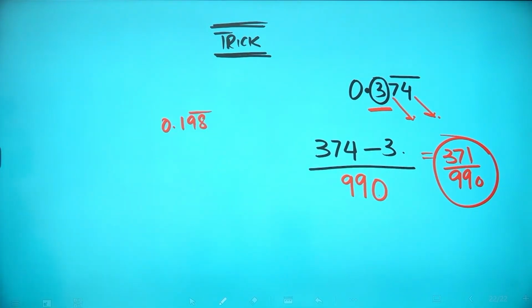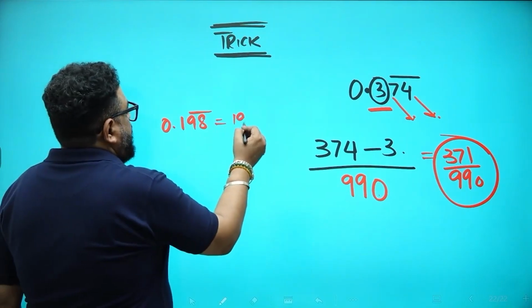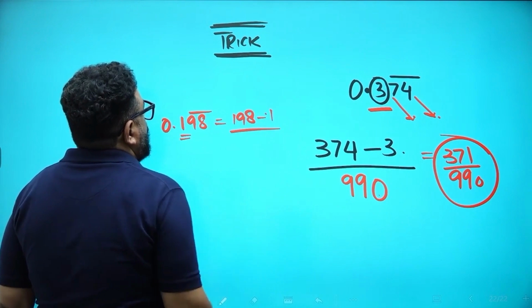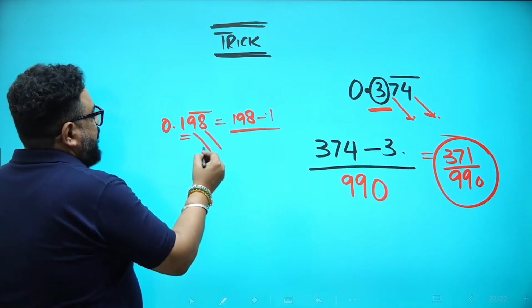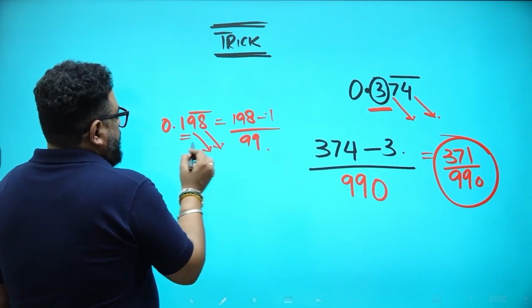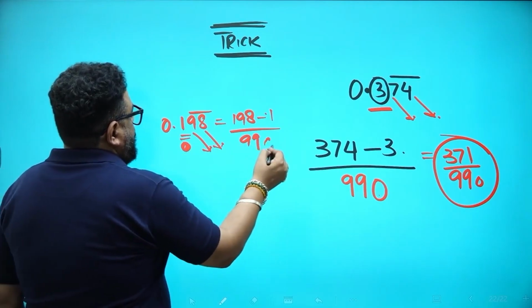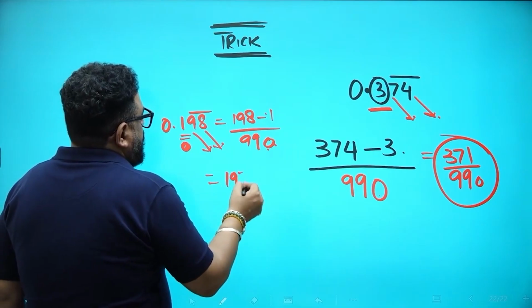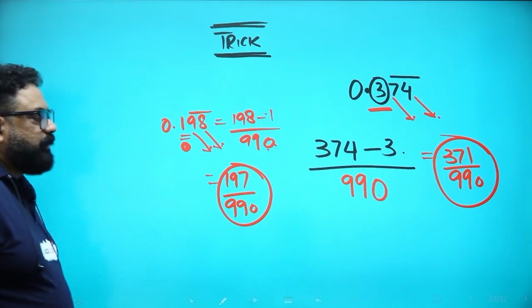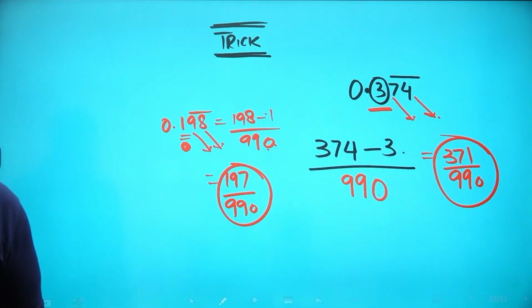Again same thing. Write down the whole number 198 minus the number which does not have bar, minus 1, upon as many 9s as numbers having bars, 99, and 0 for as many numbers having no bar. So 197 upon 990.